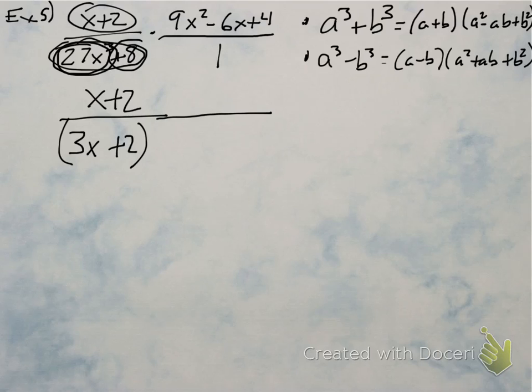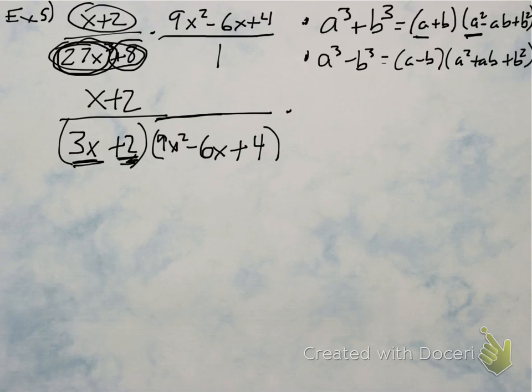Then you're going to times that by, to use the formula, you have to square the a. So in this case, I have to square the 3x. That's going to be a 9x squared. Then I'm going to go minus 3x times a 2, which would be minus a 6x. And then I have to write a plus, and then I have to square that last guy. So 2 squared is 4.